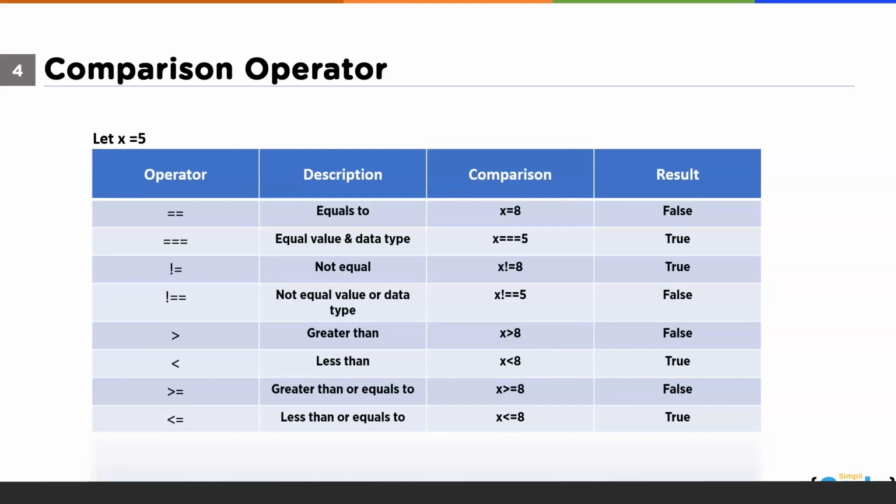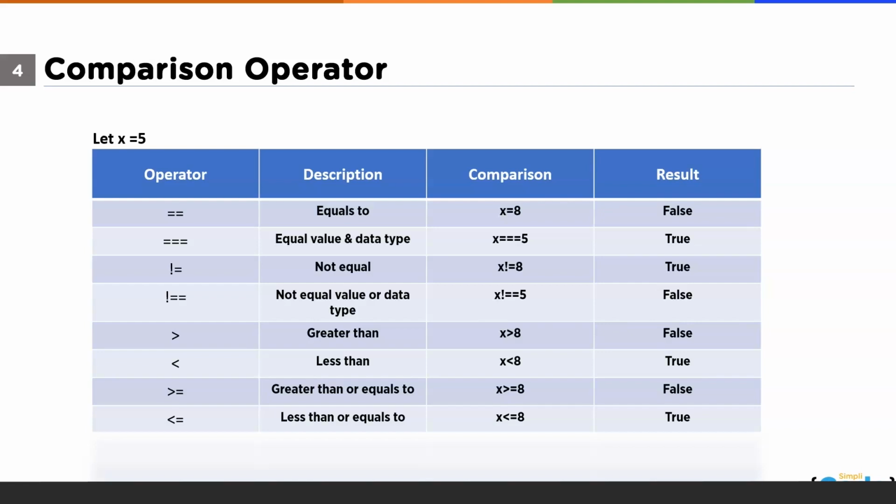I hope you remember from the previous video that a single equals to operator is an assignment operator. If we are using a single equals to, then it will be considered as an assignment operator. For comparison, we have to use double equals to. Keep this in mind whenever you are using any operator in JavaScript, especially the equals to operator.